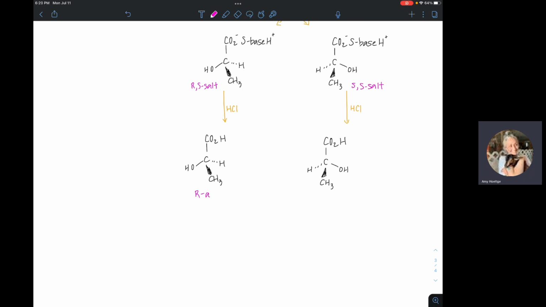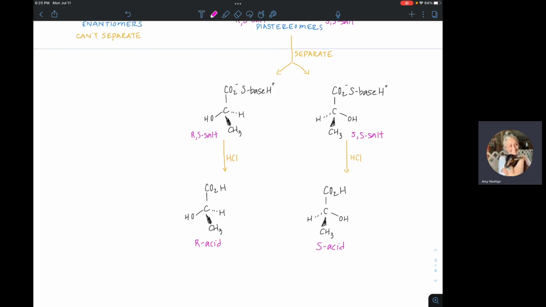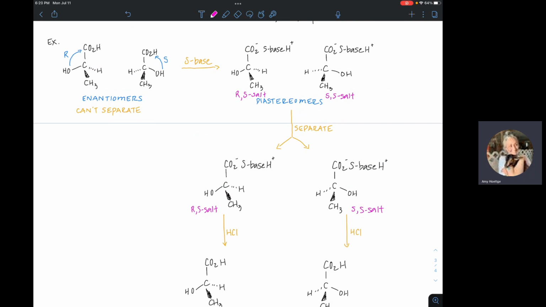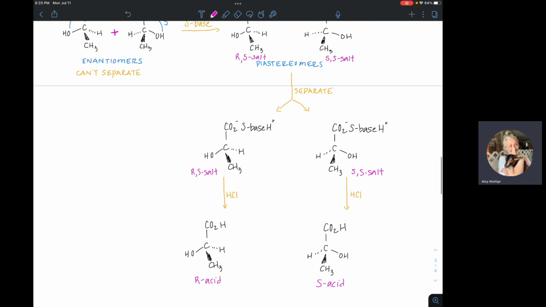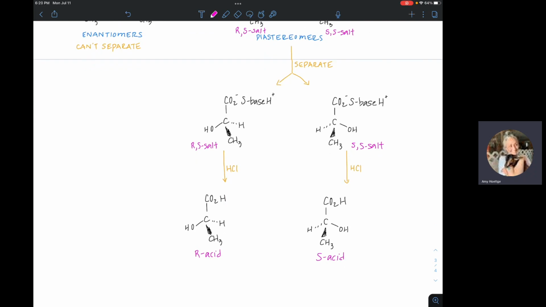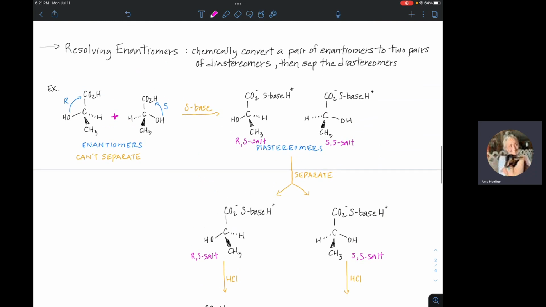I have the R acid separated from the S acid. Now these are separated from each other. So before, these were a mixture. And now we have separated them. You separate the diastereomers and then work them up, and you've resolved your enantiomers.